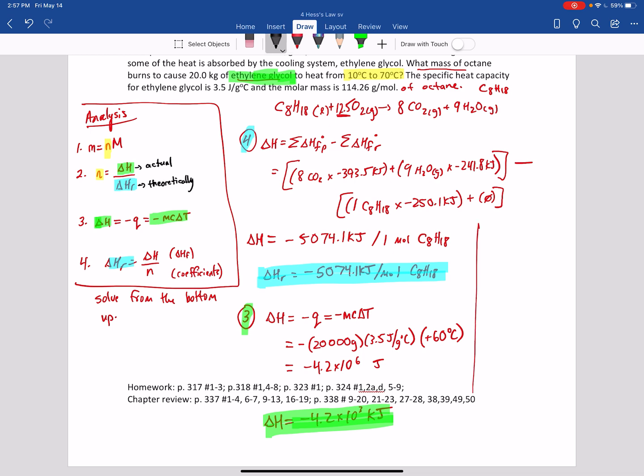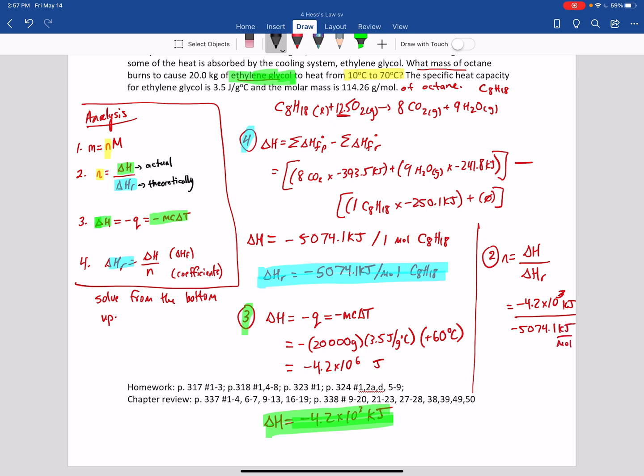So what we can say for equation 2 now, which is our yellow variable, moles are equal to the energy released divided by the molar enthalpy. So in this case, we've got negative 4.2 times 10 to the power of 3, not negative 3, kilojoules, divided by 5,074.1 kilojoules per mole.